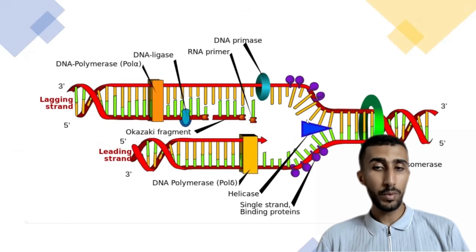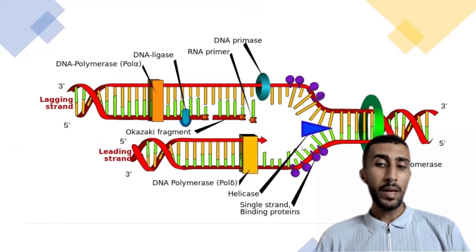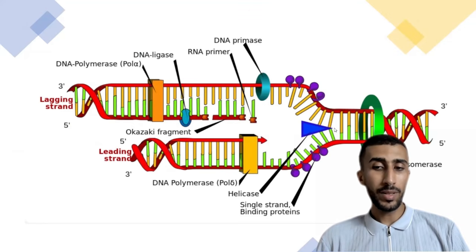Their function is to prevent re-annealing. So after the helicase has done its job and separated the parent strand into two strands, these proteins prevent the DNA from re-annealing again.